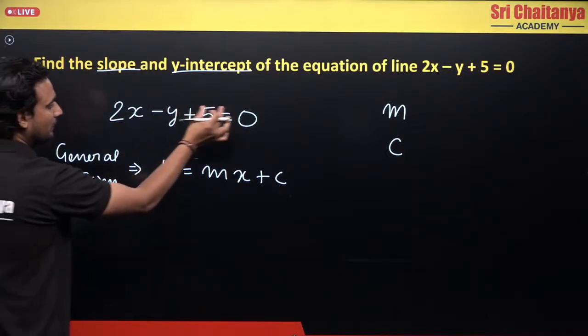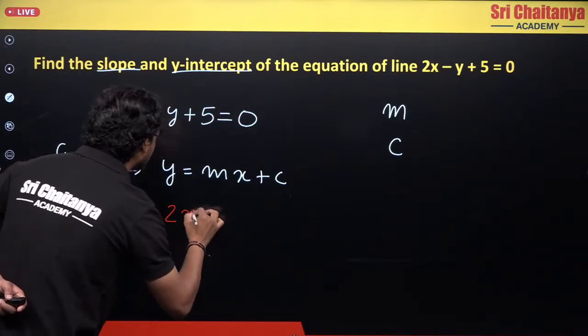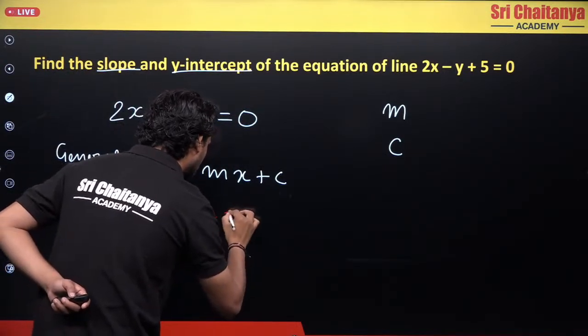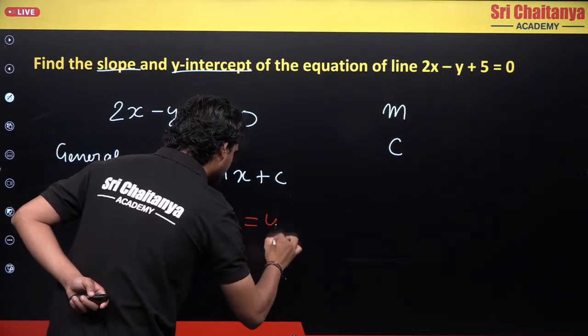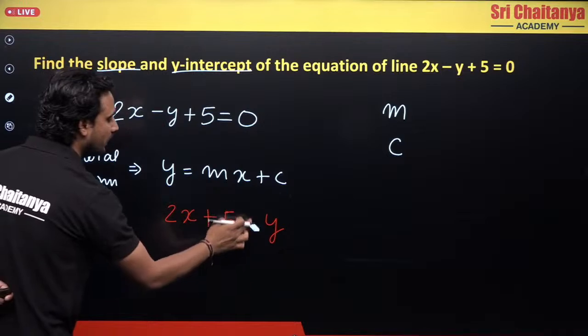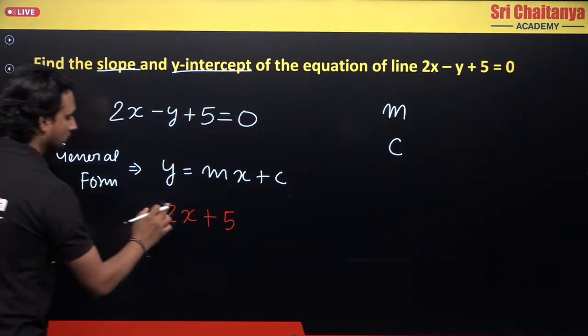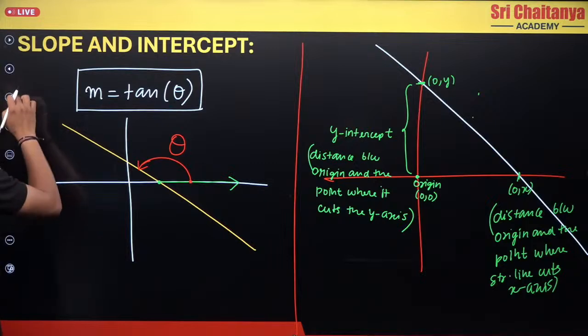I will take this y to the other side. What do I get? I get 2x plus 5 is equal to y. Or I can just write this y here. So what will this become? This will become this.